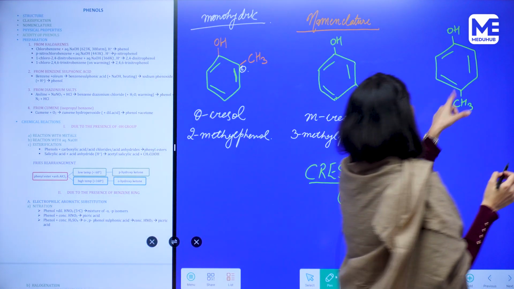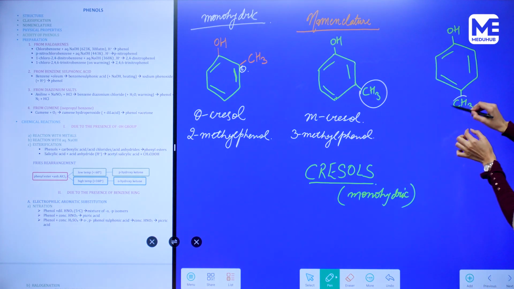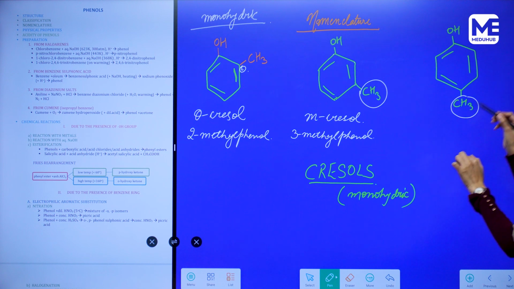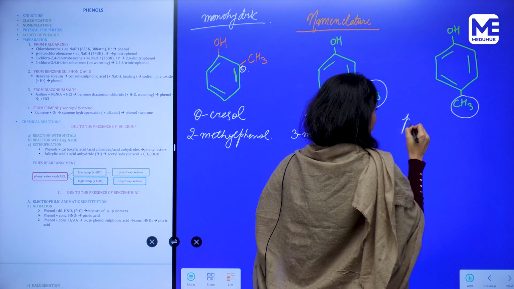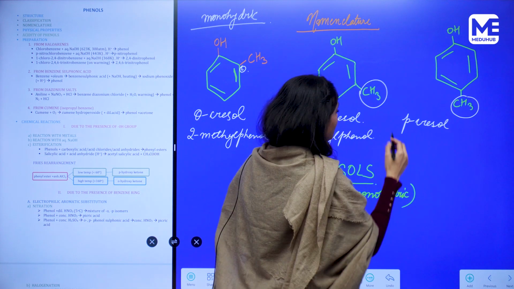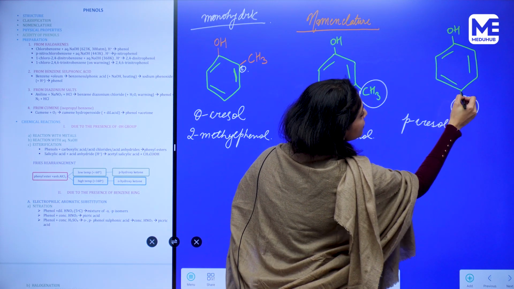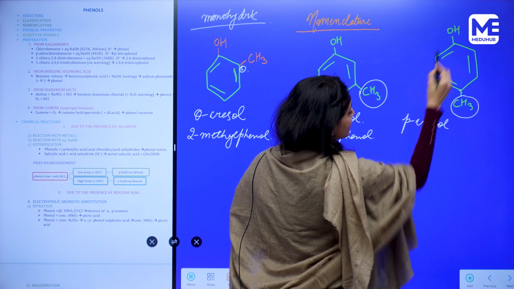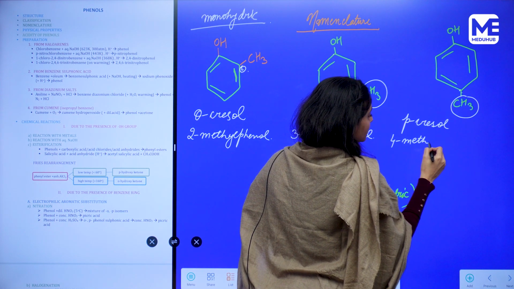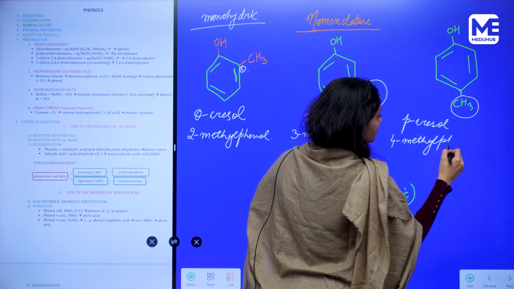And here, the third one, the methyl group is at the para position with respect to this OH group here. So this is called para-cresol, or the IUPAC name would be, this is the fourth carbon with respect to this carbon here. So 4-methylphenol.